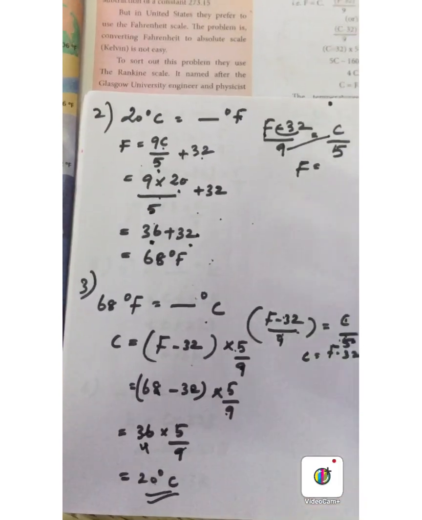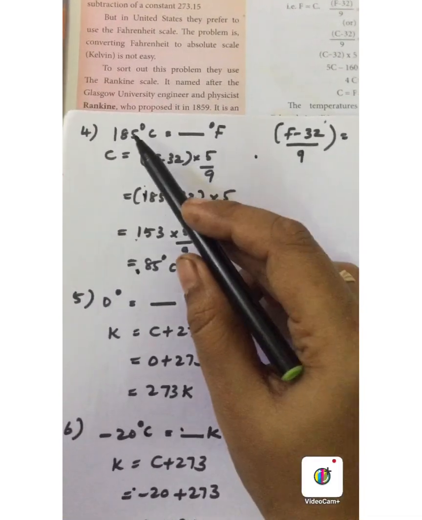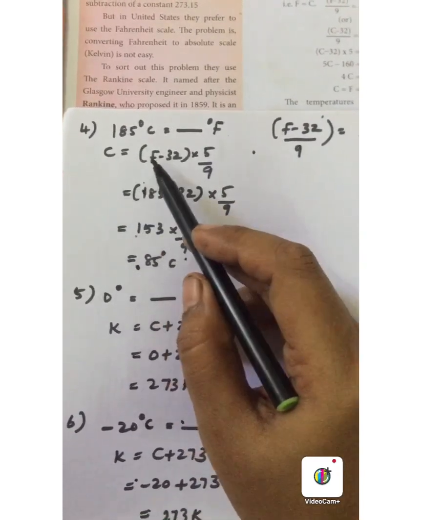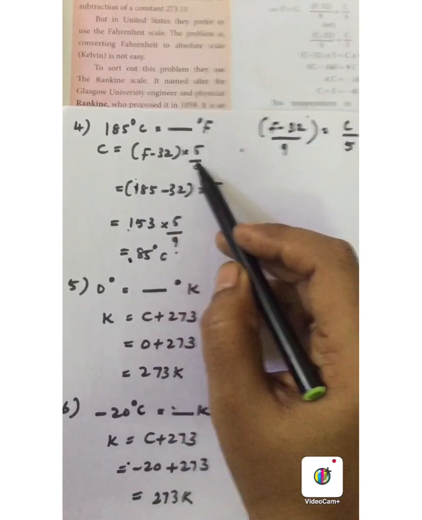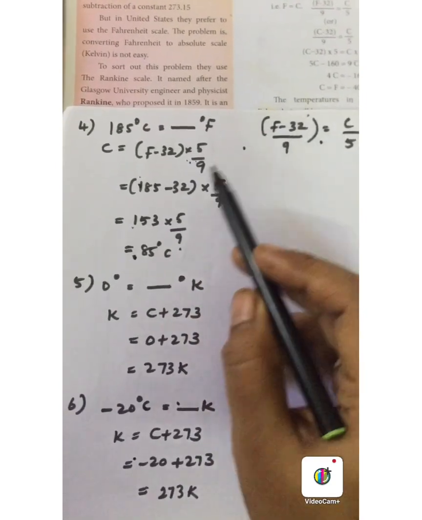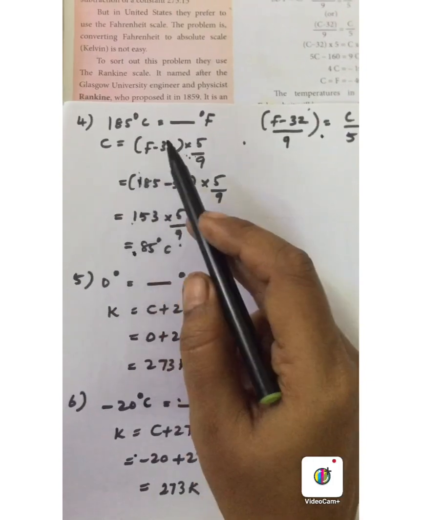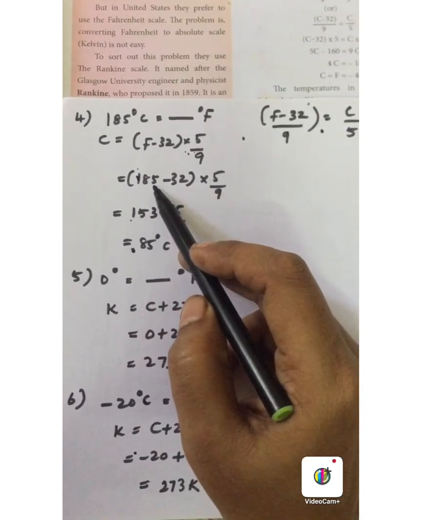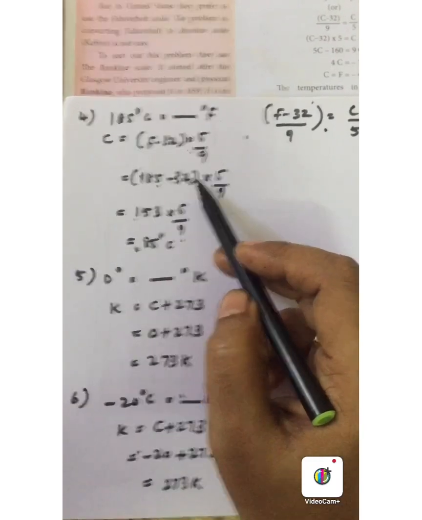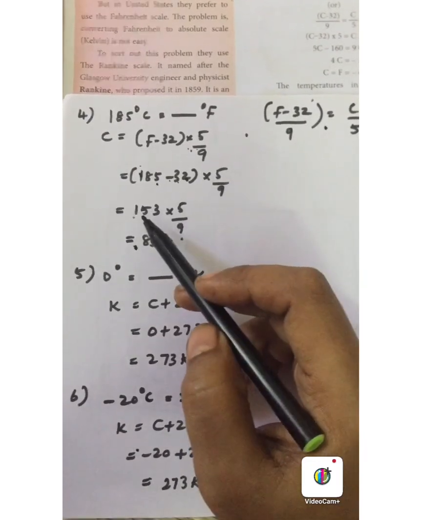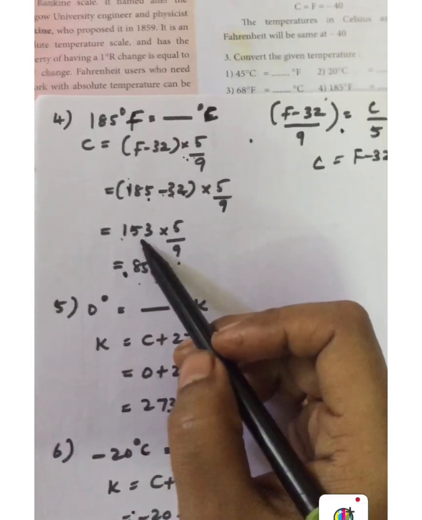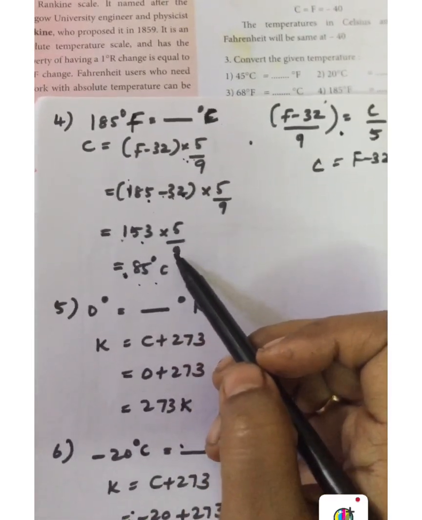So 20 degrees Celsius. Next, convert 185 degrees Fahrenheit into the Celsius scale. So C is equal to (F minus 32) into 5 by 9. We can get this formula from (F minus 32) divided by 9 is equal to C by 5. Here the Fahrenheit value is 185, minus 32 into 5 by 9. So 185 minus 32 is 153, into 5 by 9.